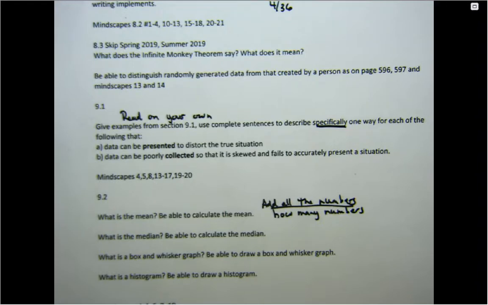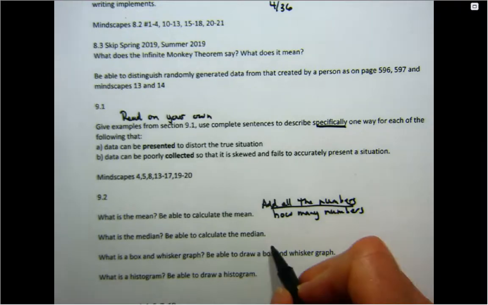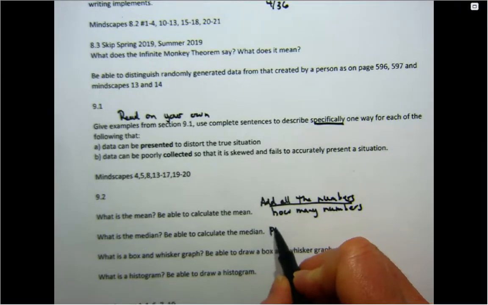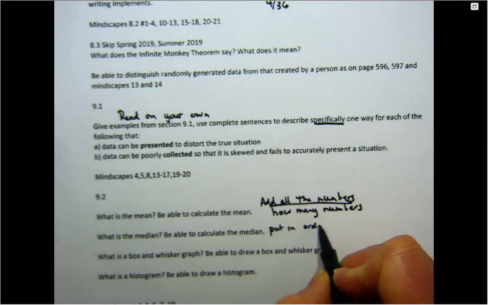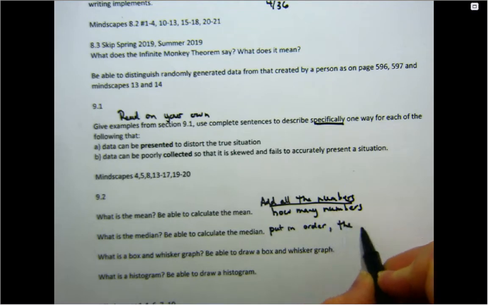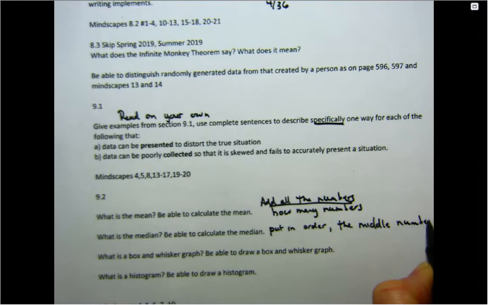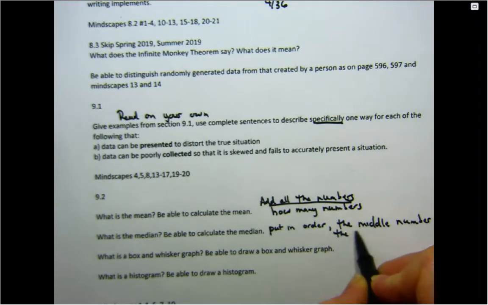How would you calculate the median? You would put all the numbers in numerical order and then it would be the middle number. So put all the numbers in numerical order, and then the middle number is the median.